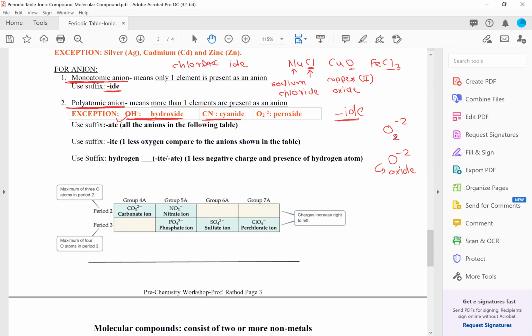Now, if you have an extra oxygen, let's say 2 oxygens instead of one, extra means we can refer to it as hyper. If it's less, then we can call it hypo. So instead of using hyper, we can just use per. So that is called peroxide.